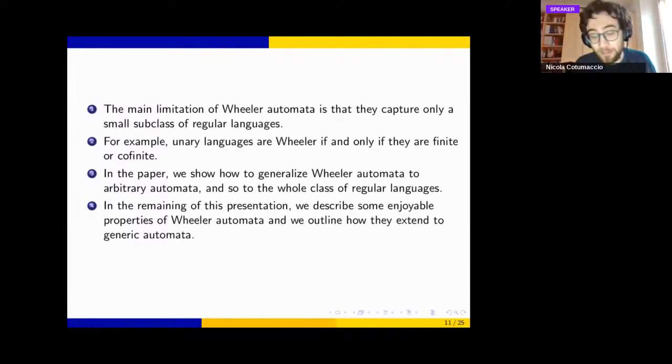or co-finite. So the idea of the paper that I'm presenting is to try to maintain the structure, the idea of Wheeler graphs, but somehow change it in such a way that it can be applied to generic graphs.